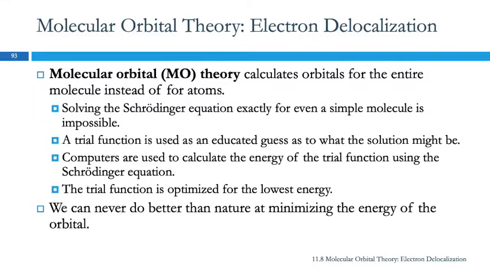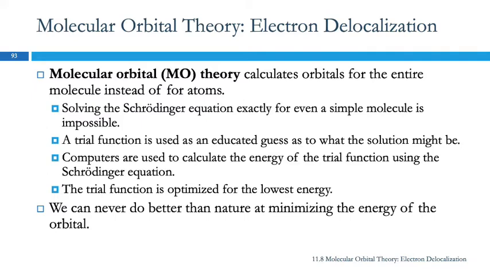The last theory we need to talk about is molecular orbital theory. And here we calculate orbitals for the entire molecule instead of for individual atoms. This is done sort of in a trial and error kind of way.